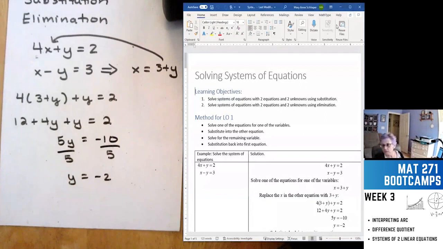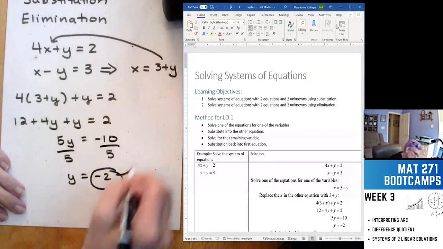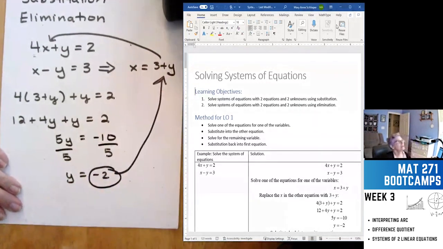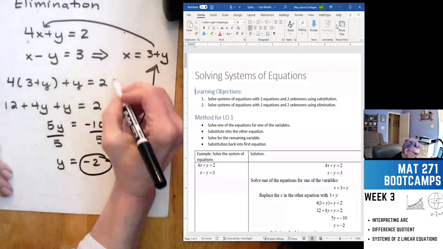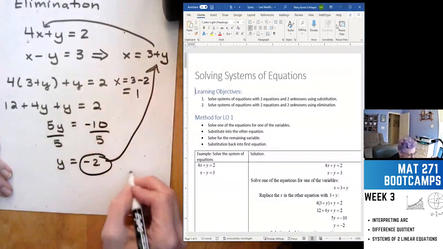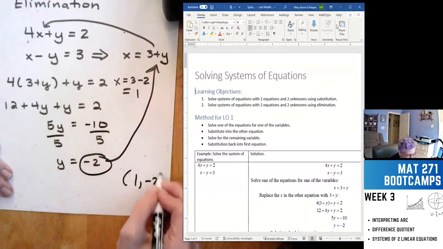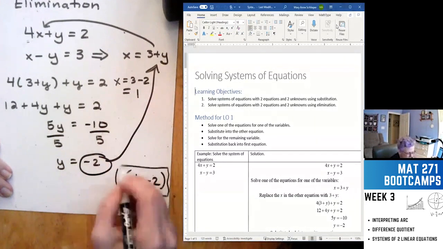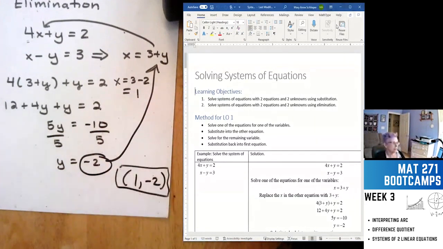So y is negative 2. Then I can take this negative 2 and just plug it in right there and find out that x is equal to 3 minus 2, which is 1. Writing your answer as an ordered pair, I have 1, negative 2.